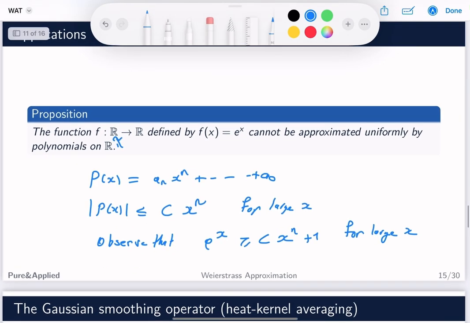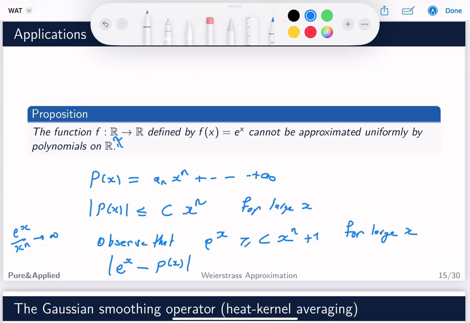This is because e to the x over x to the n goes to infinity. Once you observe this, you can see that we cannot approximate e to the x by p of x.